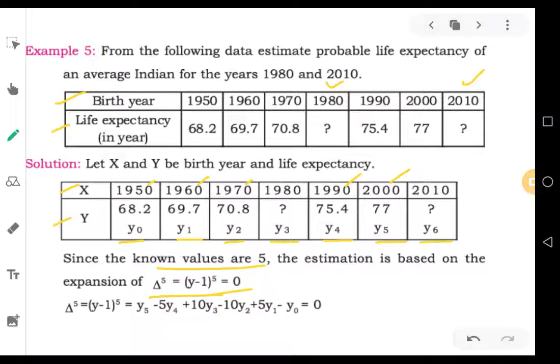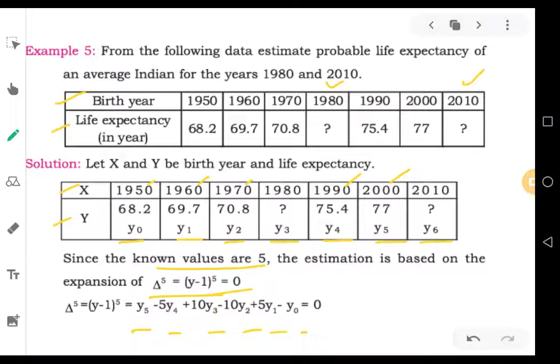When you expand this formula, y to the power of 5 is equal to 0. Known values are 5, so you should begin your equation from y5 only. So begin from y5, y4, y3, y2, y1, y0.